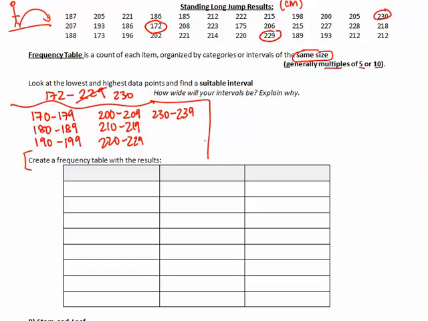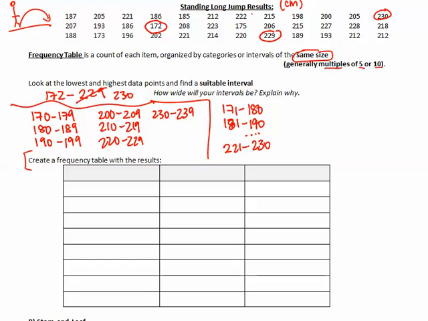Now this is just one option. There are other options as well. If I wanted to, I could have started at 171 and gone to 180, then 181 to 190, and so on, and the last interval would have been 221 to 230.